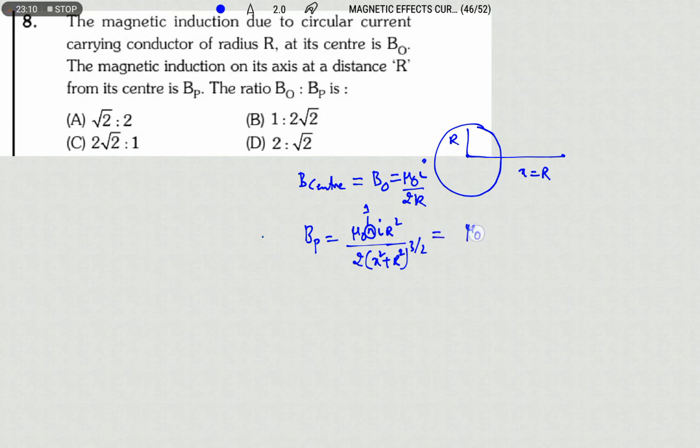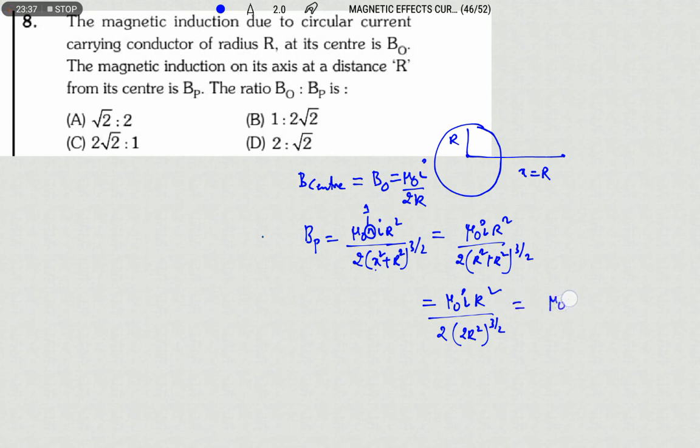So we can write mu naught I R square by 2 times of (R square plus R square) whole to the power of 3 by 2, because I am substituting the X value here. So mu naught I R square by 2 into 2R square whole to the power of 3 by 2.